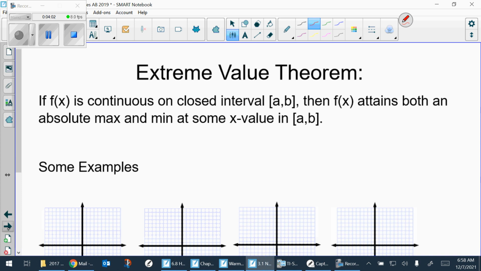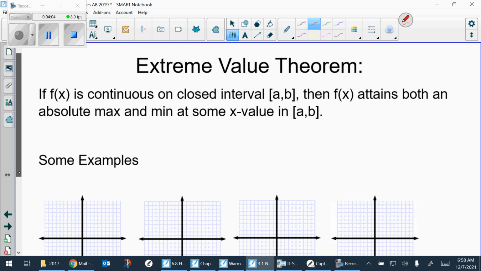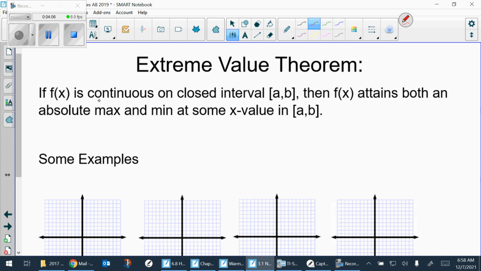We have something called the extreme value theorem. And it says if f is a continuous function on a closed interval from a to b, so a and b are part of this interval, then the function has both an absolute max and absolute min somewhere in this interval.